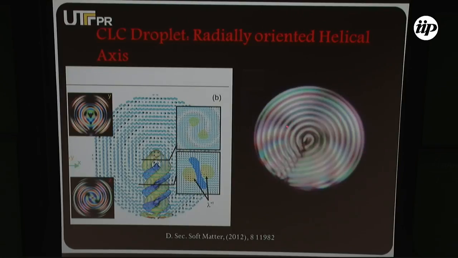Here the pitch is long, so you can actually see the stripes, right? This is a paper published by the Zumer group, where they run simulations and explain a lot of the orientation of the director inside these droplets.